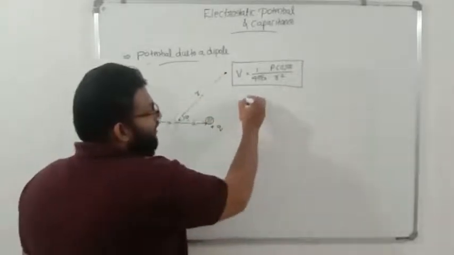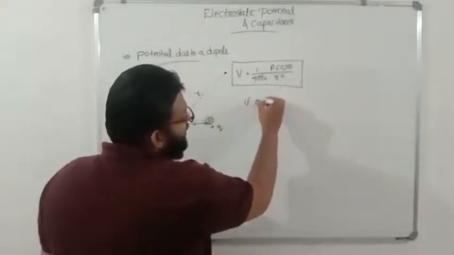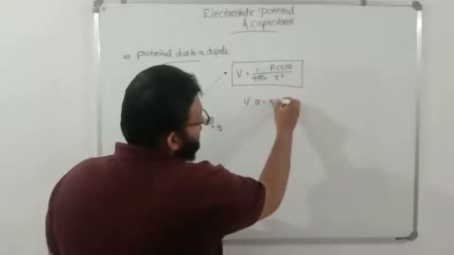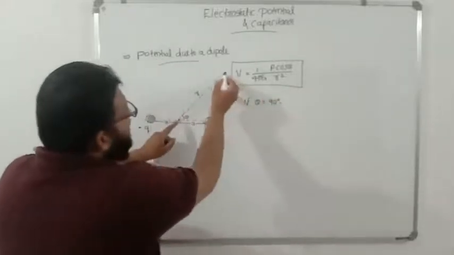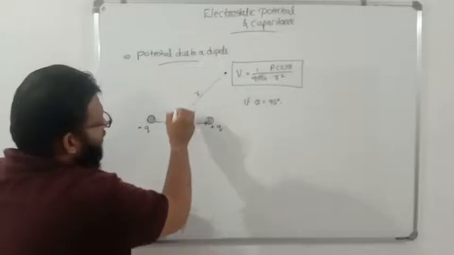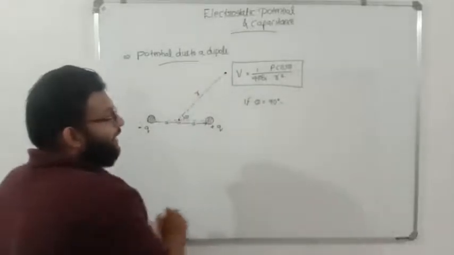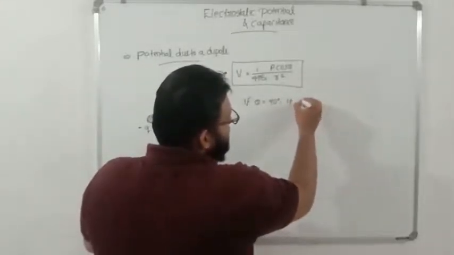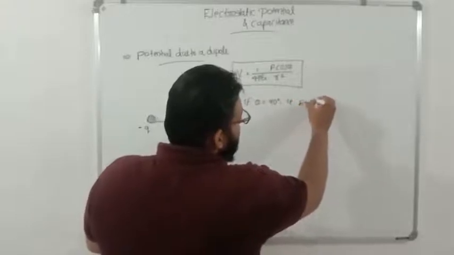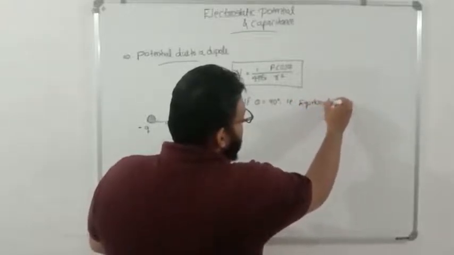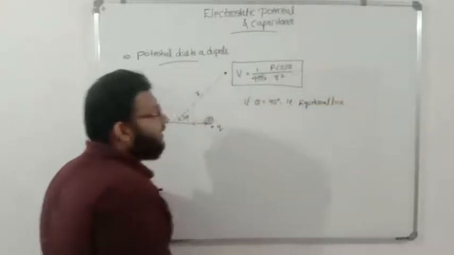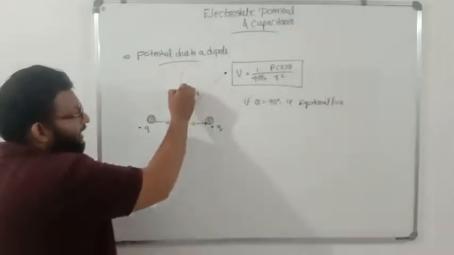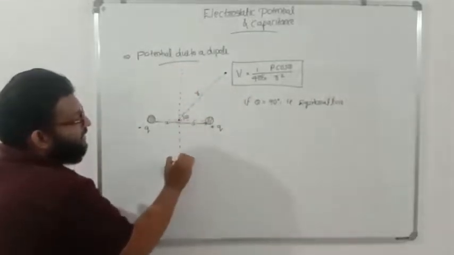Now if theta is 90 degrees, this point will lie along the equatorial line. What is an equatorial line? This is an equatorial line, a line passing through the center of the dipole.